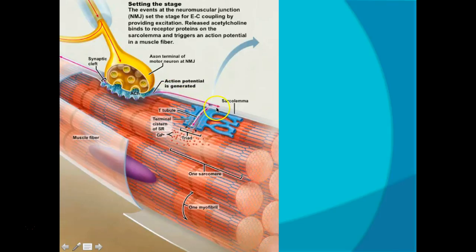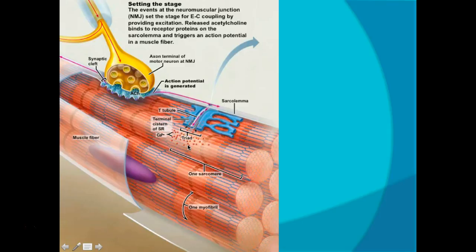Now, when it does that, the action potential is going to move down these T tubules. T tubules have a little receptor here, and when that action potential moves on through, that receptor is going to change shape and cause the other receptor on our sarcoplasmic reticulum to allow calcium to move out of the sarcoplasmic reticulum and onto our myofibril.